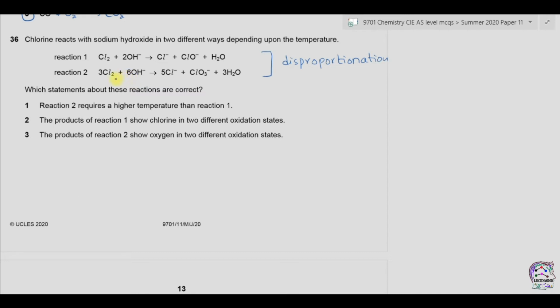This is correct because in reaction 2, chlorate ion is being produced, which is produced from hot alkali. So reaction 1 occurs in cold alkali, while reaction 2 occurs in hot alkali.